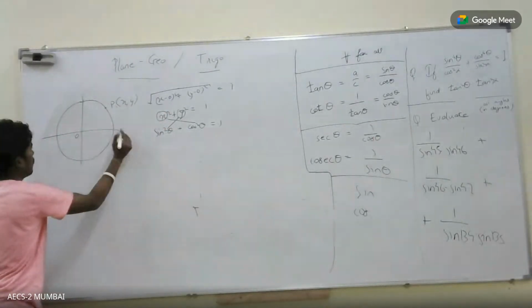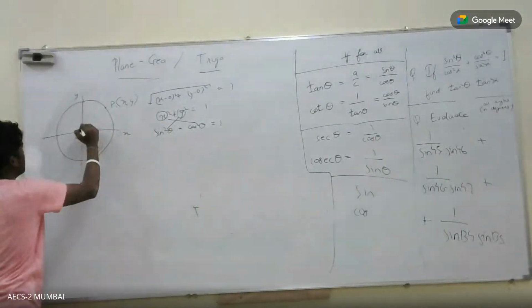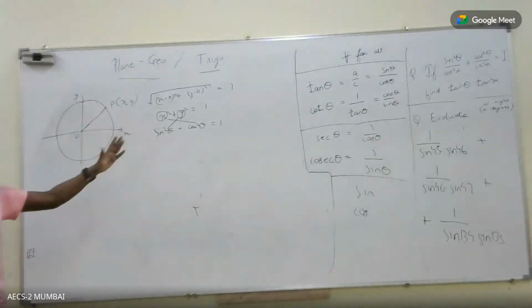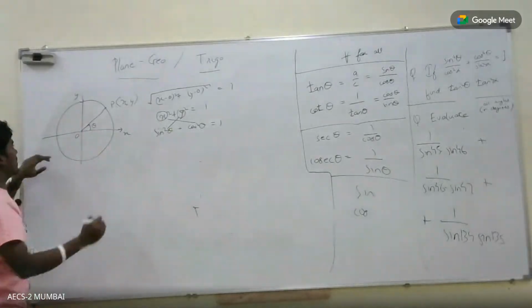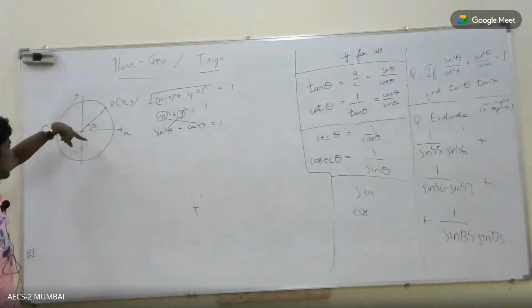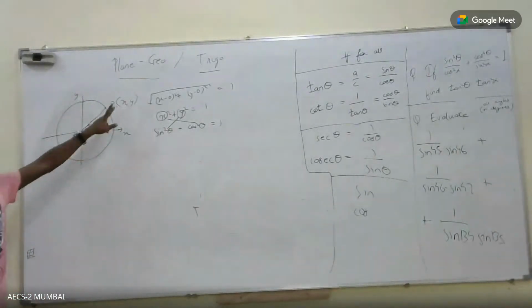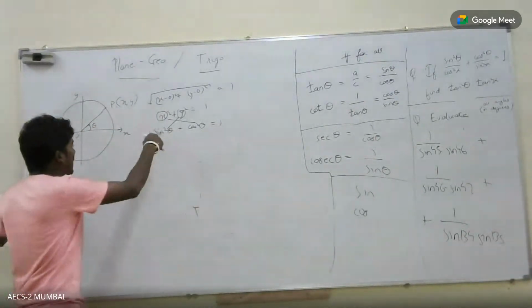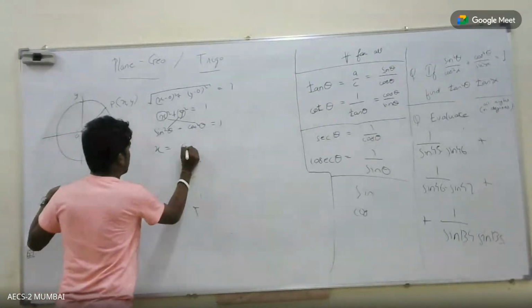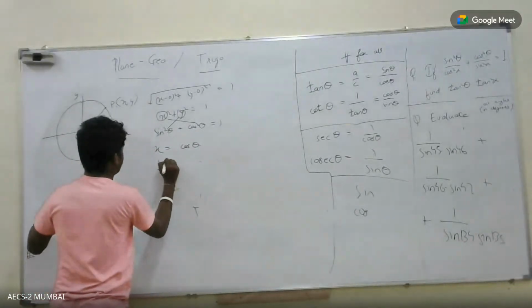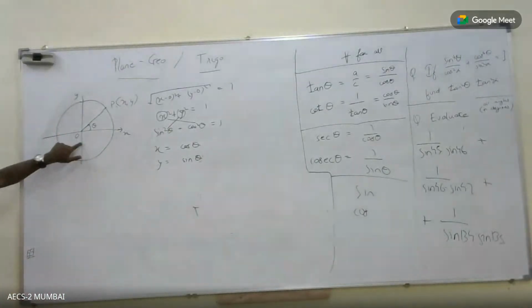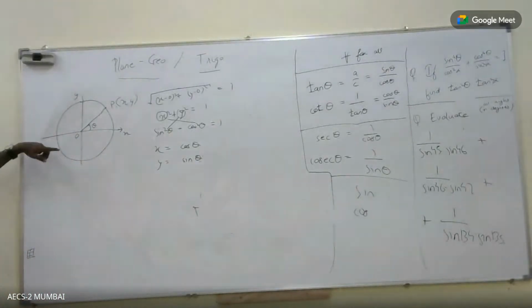This is the origin O, x-axis, y-axis, and we define the angle with the positive x-axis, that is the x-axis on the right, as theta. Then this line OP makes an angle theta with the x-axis, and we define x as cos of theta and y as sine of theta. So by doing this, we basically have the values of sine of theta and cos of theta for every angle in the circle.